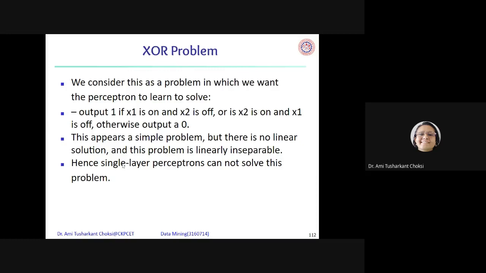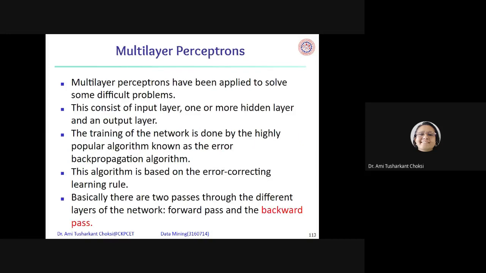Hence, a single layer perceptron cannot solve this problem. For such problems, we need more perceptrons, so we can have a multi-layer perceptron. That's all for today.